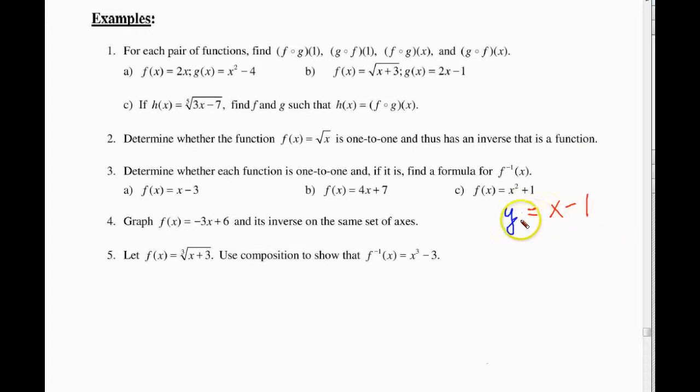And that's what we were doing when we made a graph of it. Now, the second step is to exchange the y with the x. And now we solve for the letter y. And now we convert the y back to the inverse function.